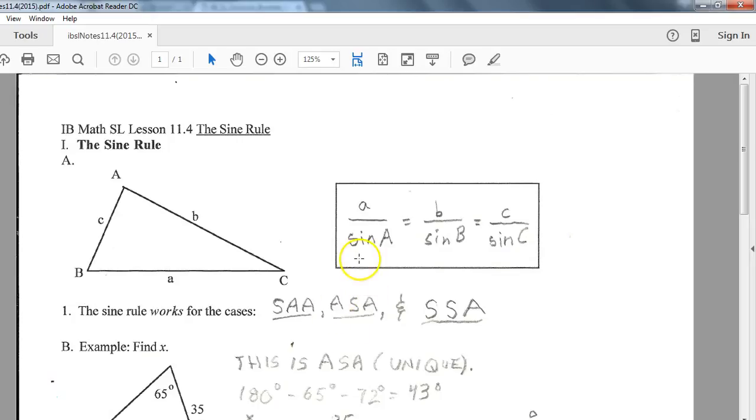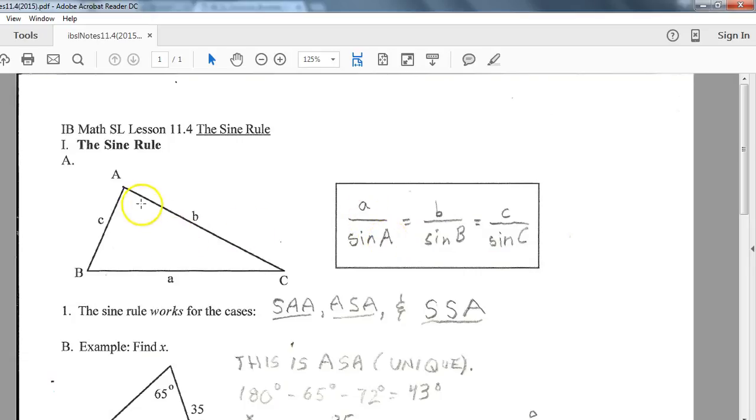But simply put, the sine rule is a proportion. So you're never going to use all three of these at one time. You just need two of those. We are setting up a proportion. In one ratio, you're going to have both things that you do know. So the capital letters that you see here all represent angles, and the lowercase letters always represent the side across from that angle.